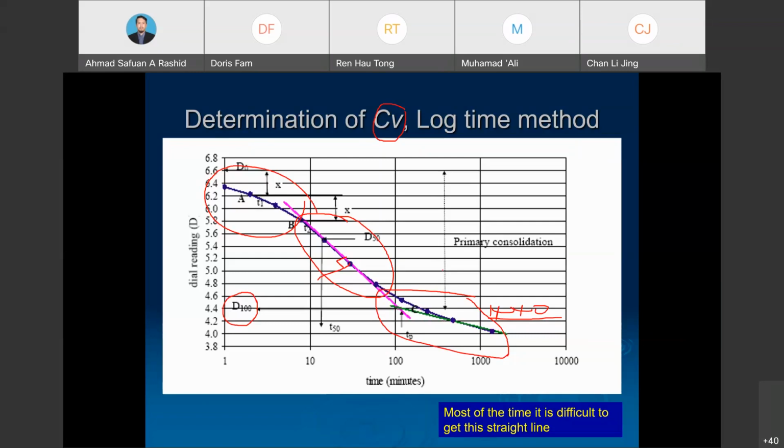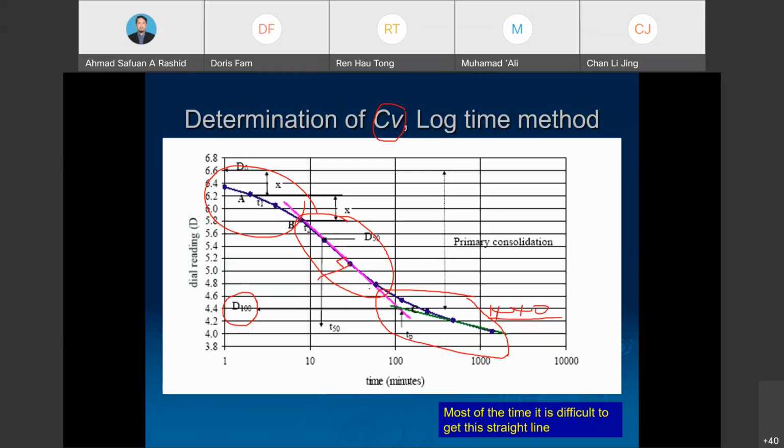So the intersection between the pink and the green line, we can consider as the D100. So kita ambil pembaris, kita lukis, which is approximately a tangent line to the second curvature line.